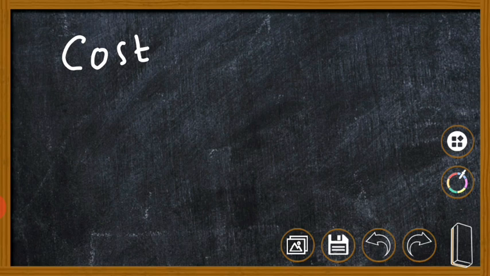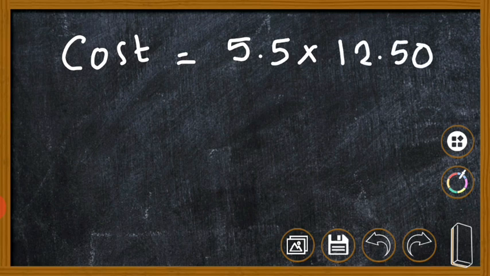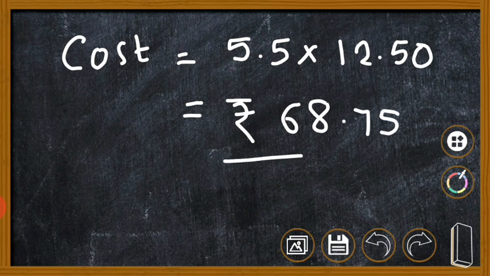Cost of painting is equal to 5.5 into 12.50. If you multiply, you will get rupees 68.75.